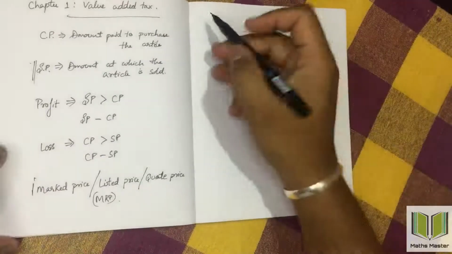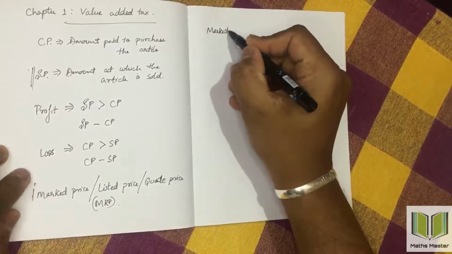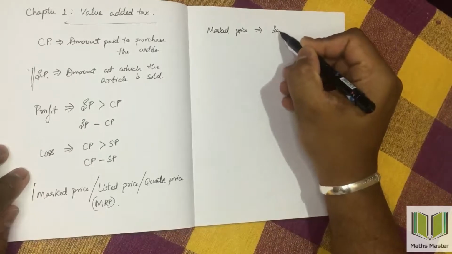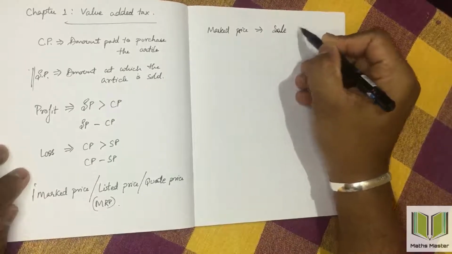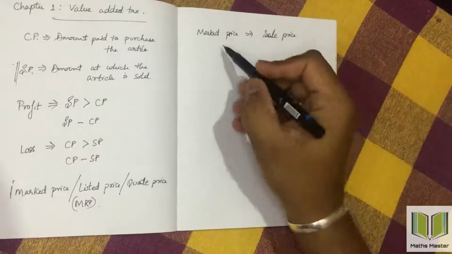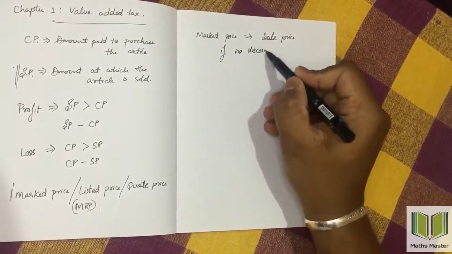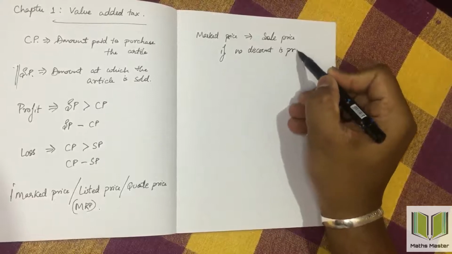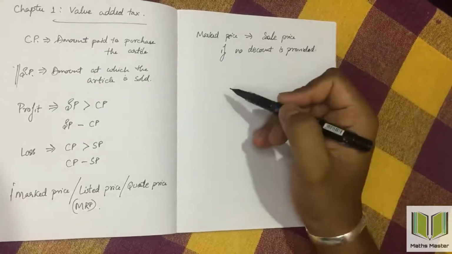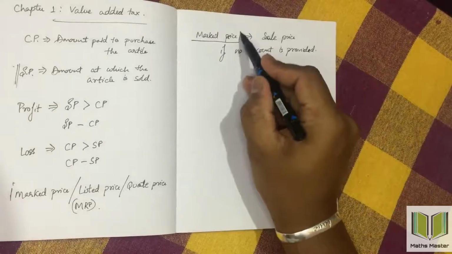Now, market price will be same as selling price or sale price if no discount is provided. In case there is a discount, the discount is always calculated on market price.